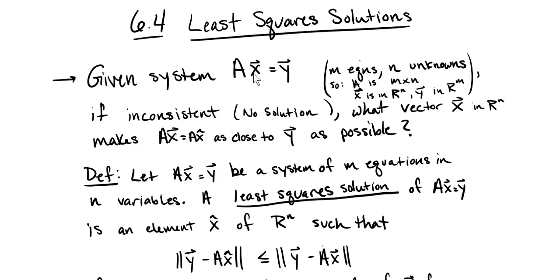Even though it can't equal it in the case of an inconsistent system, we can find the closest X, so that AX is as close to Y as possible.